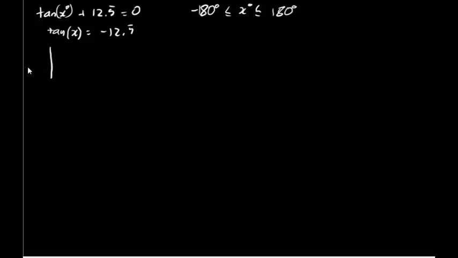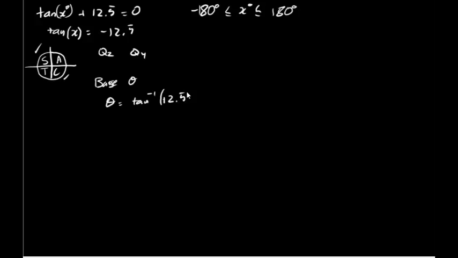We find that it's negative, which means we must be in Q2 and Q4. If we work out our base angle, we find that theta is going to be the inverse tan of 12.5. And on our calculator, we should find that it's about 85.43. This time we're in degrees.